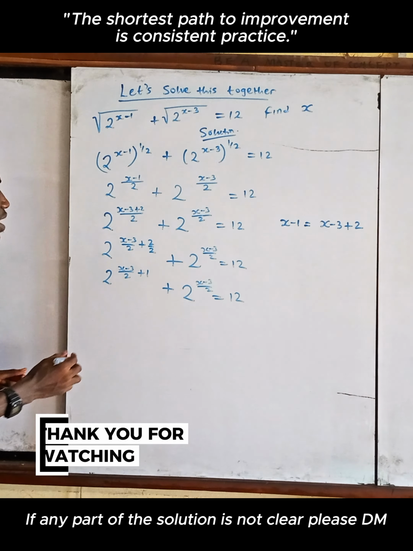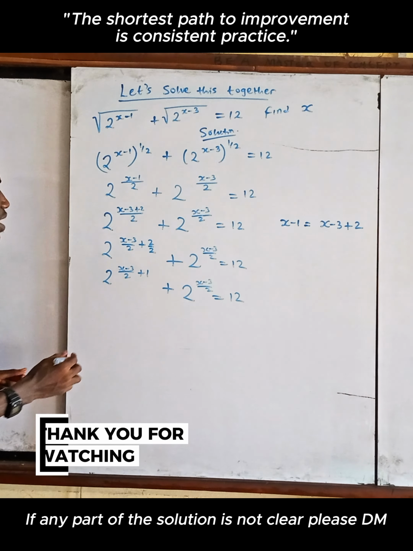We now have 2 raised to power x minus 3 divided by 2 as a fraction here and here. So factorize it out. We are going to have 2 raised to power x minus 3 divided by 2 into, when we pick this out, it's going to remain 2 raised to power 1. So we have 2 plus, we have already picked this one out, it's going to remain 1. So we have 1 here is equal to 12.